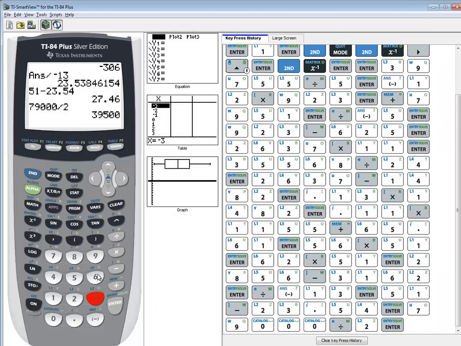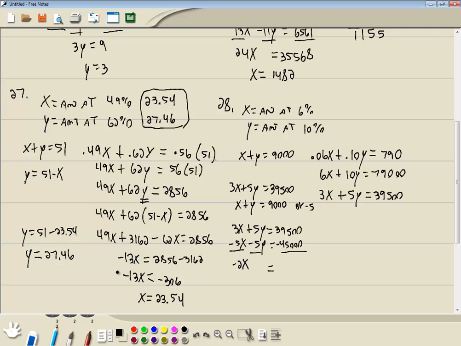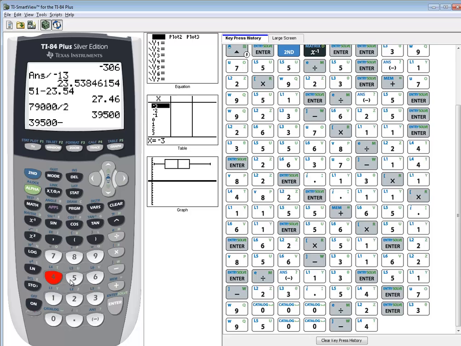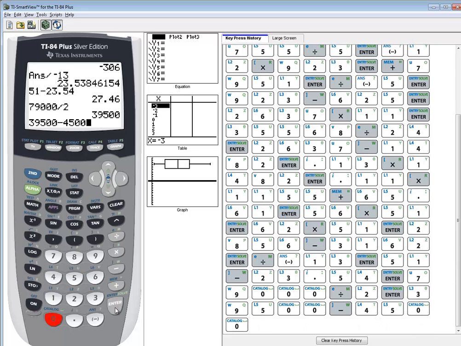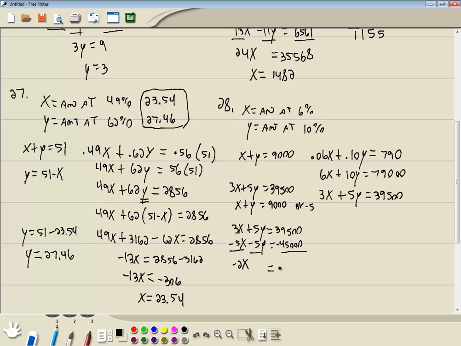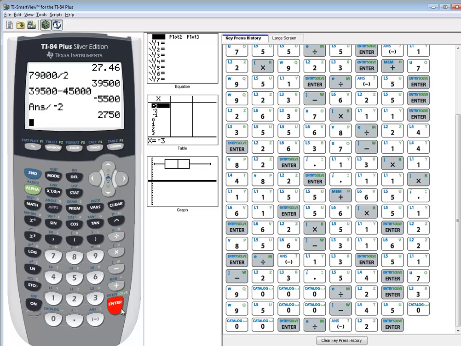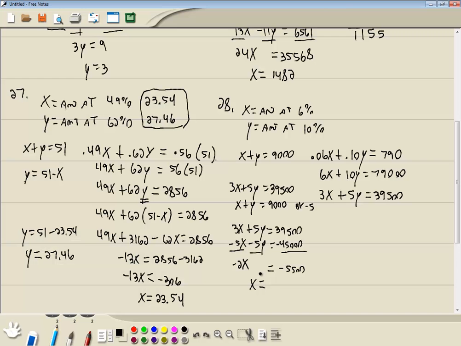39,500 minus 45,000 gives us negative 5,500. Divide by negative 2. Try and get x by itself, and we get 2750.